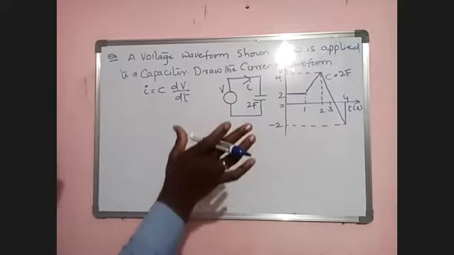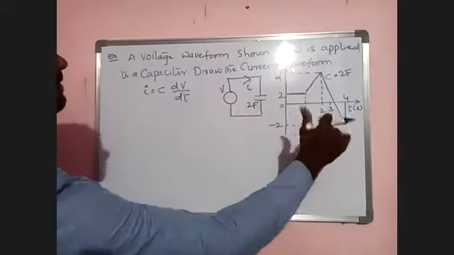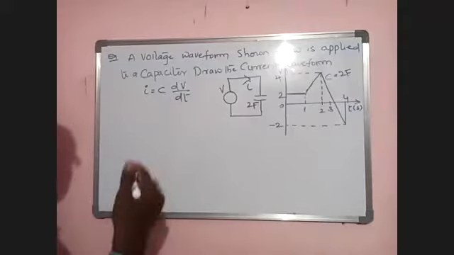That means this total curve will be divided into three linear portions: 0 to 1, 1 to 2, and 2 to 4. So we need to find the value of I in these three intervals in order to get the current waveform through this capacitor. So for that, consider the first interval.